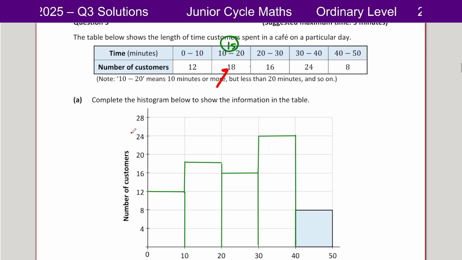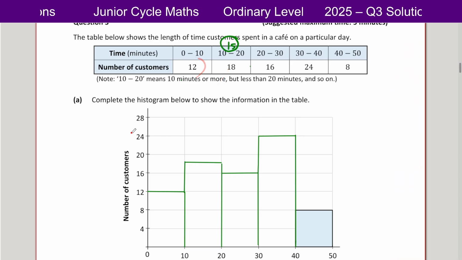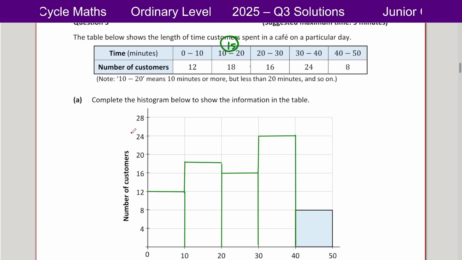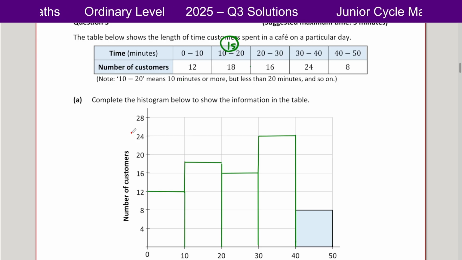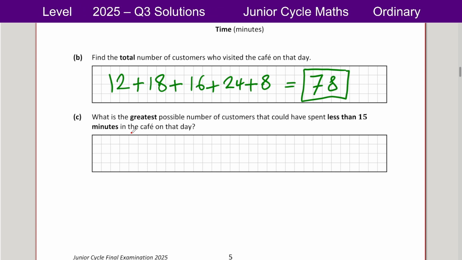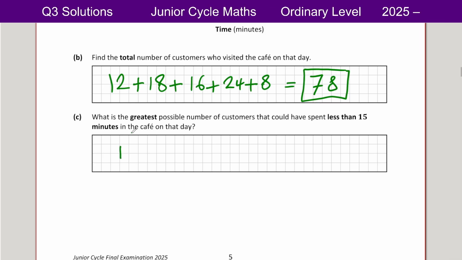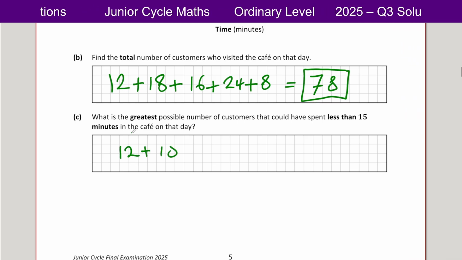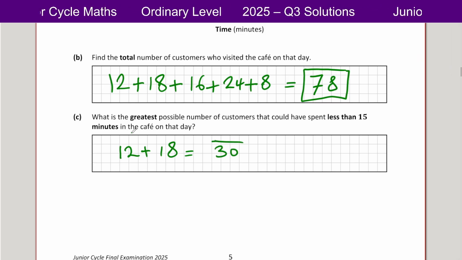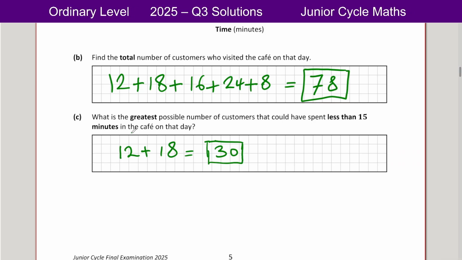We took into account the 18, but we also need to look at the interval before the one under consideration. So 12 plus 18 gives me 30. So 30 is the correct answer for the third part.